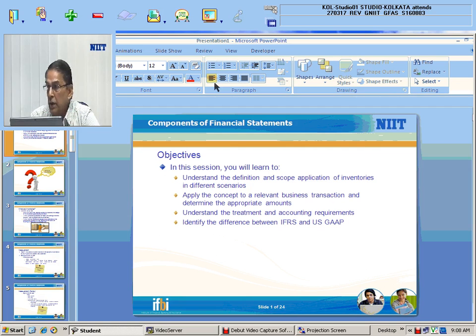In addition, IAS 2 also provides guidance on the determination of cost and subsequent recognition of expense, which includes writing down the inventory to its realizable value. These are the things we are going to cover in today's session.